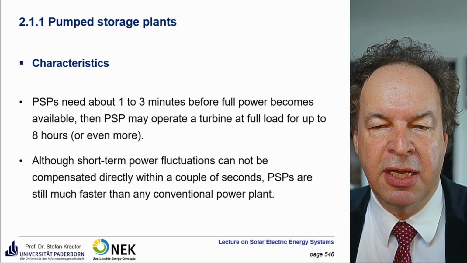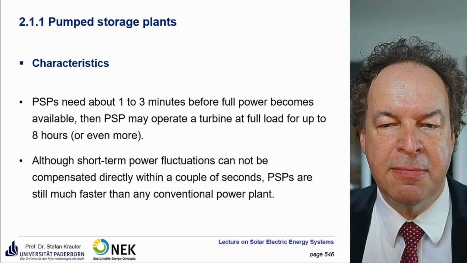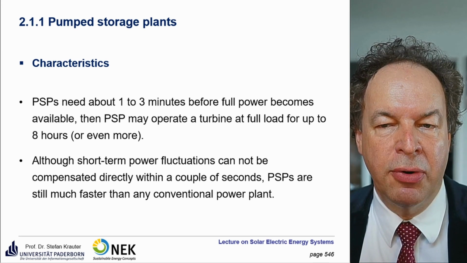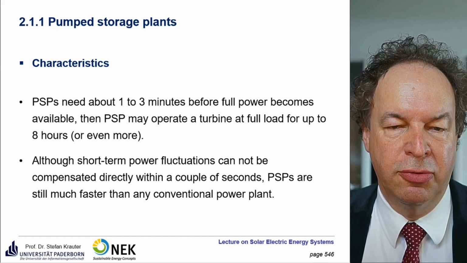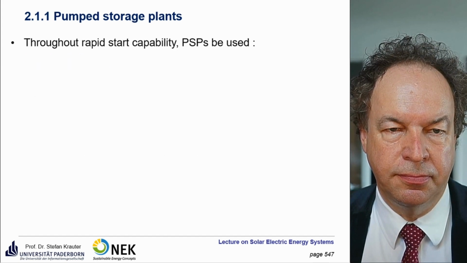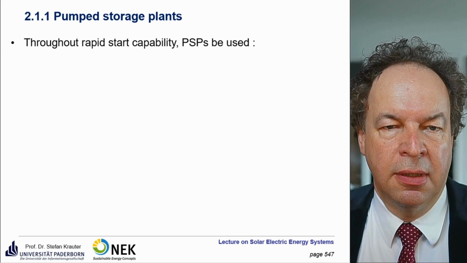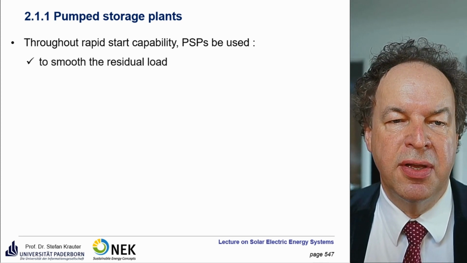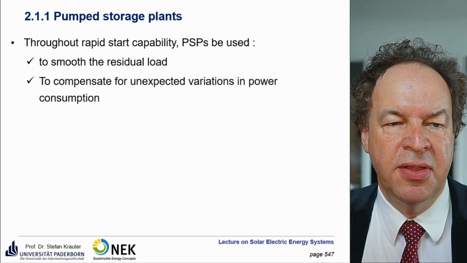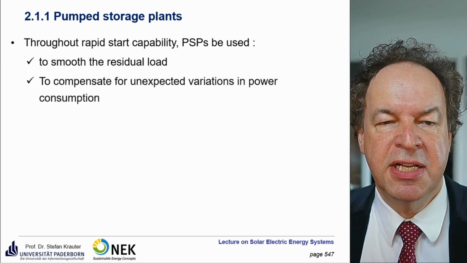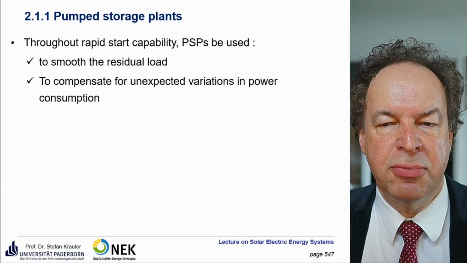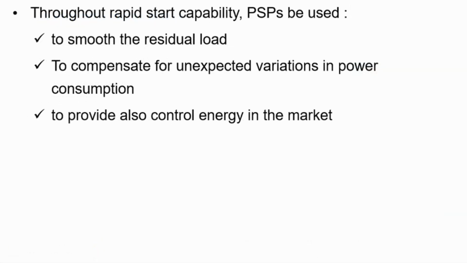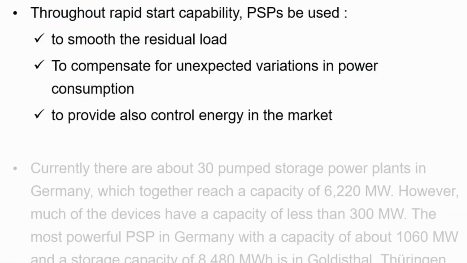If you take a look at coal power plants, lignite power plants, they take up to 8 hours to come to full power or to be throttled. So pumped storage has a rapid start capability, so it can be used to smooth the residual load. They can be used to compensate for unexpected variation in power consumption. They can also provide control in the energy market.